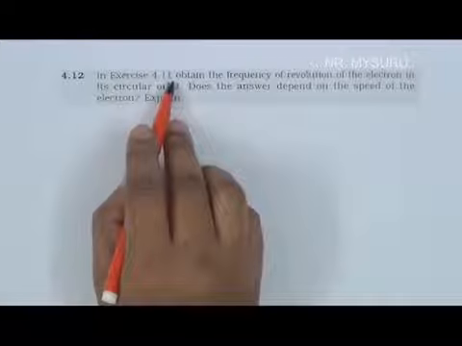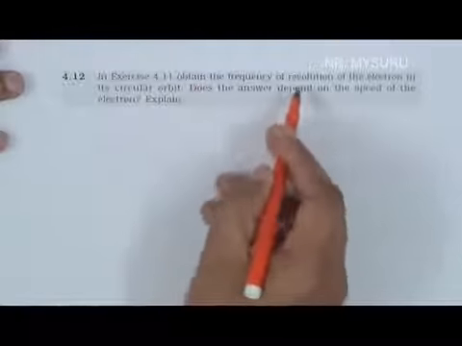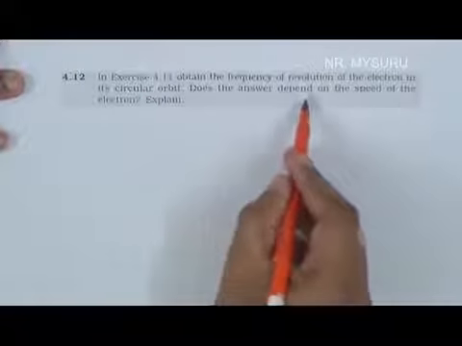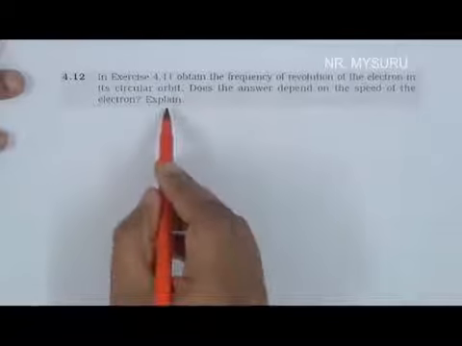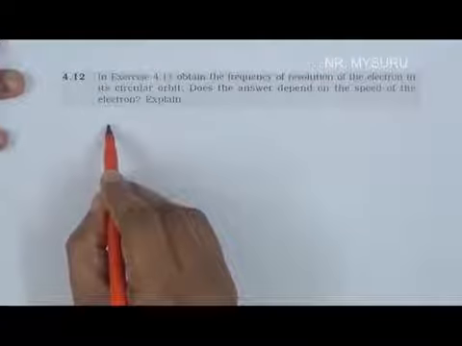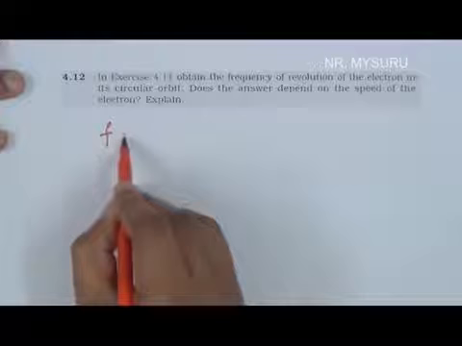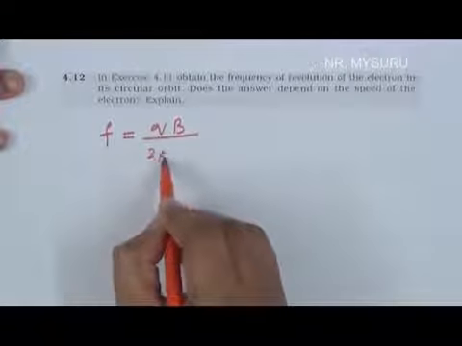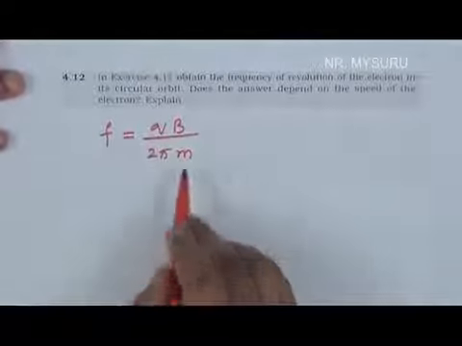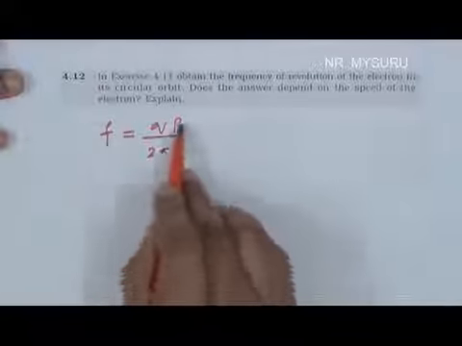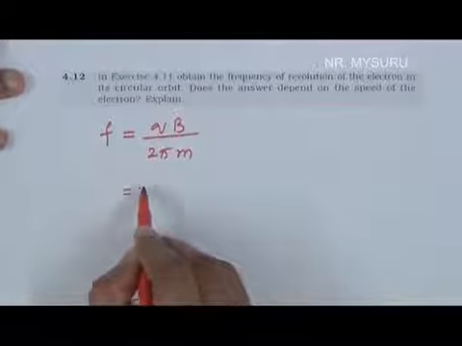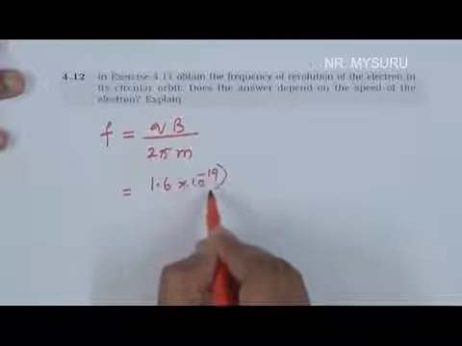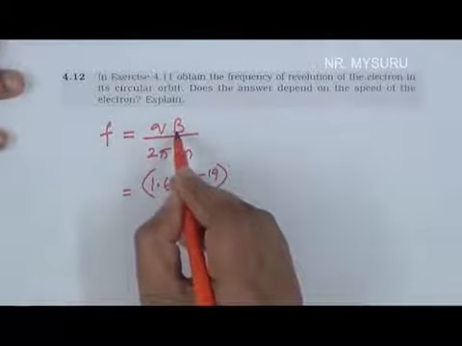4.11, that is 11th problem. Obtain the frequency of revolution of the electron in its circular orbit. Does the answer depend on the speed of the electron? Explain. Frequency of revolution is given by QB by 2 pi m. Go through the NCERT textbook, you will find this equation. Charge of an electron is 1.6 10 power minus 19, this is magnitude of charge of an electron.